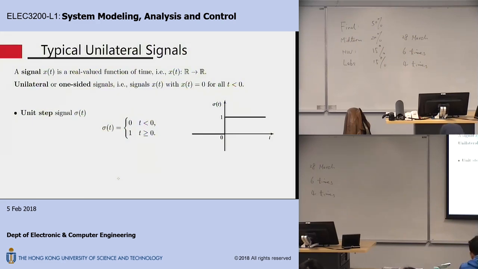A signal is a time function, from the real line, where the real axis is time, to a real value. Very often you can draw a signal as a waveform.